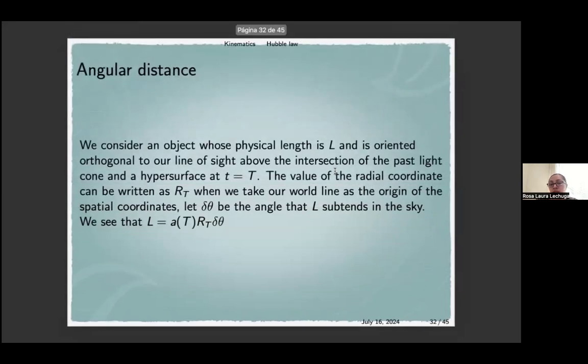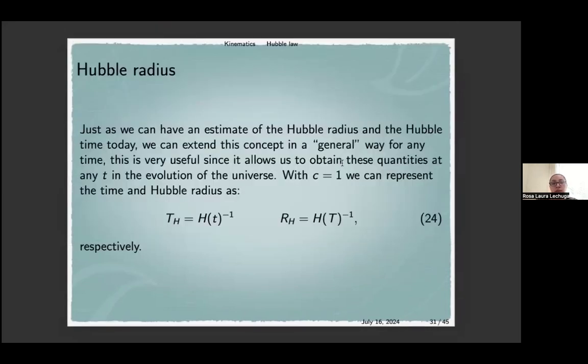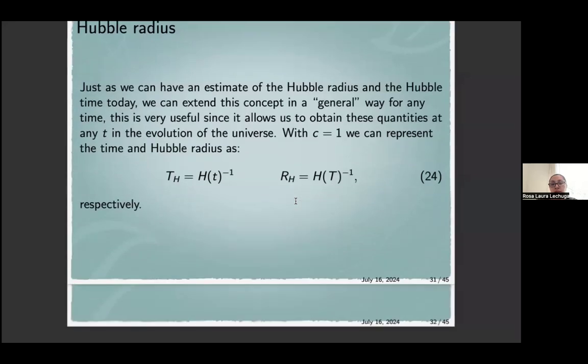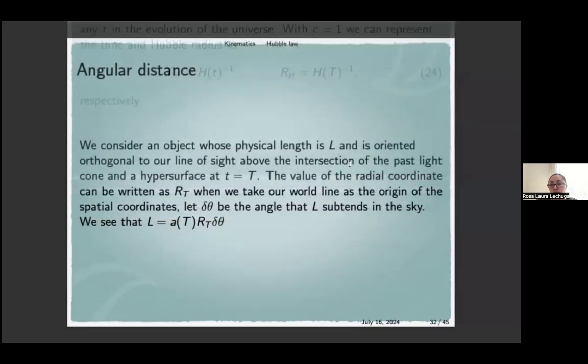Yesterday we studied only the redshift, but today we're going to study the other quantities to get a better understanding of cosmological distances and cosmological times.